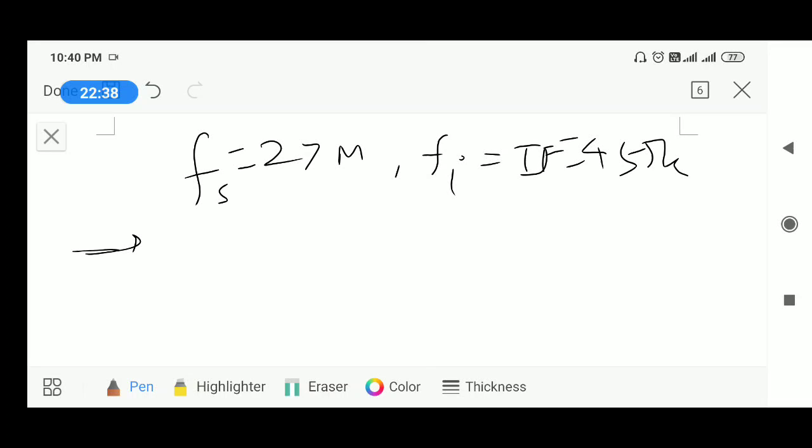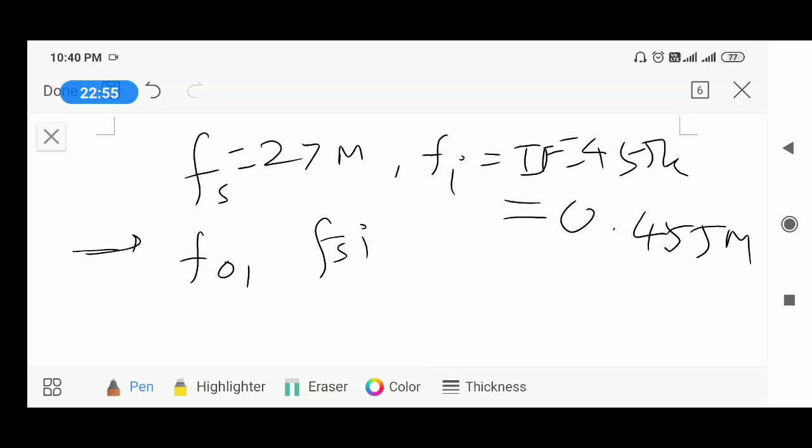The problem we need to do is calculate F0 as well as FSI. Here you can write 455 kilohertz in terms of mega, that is 0.455 mega.